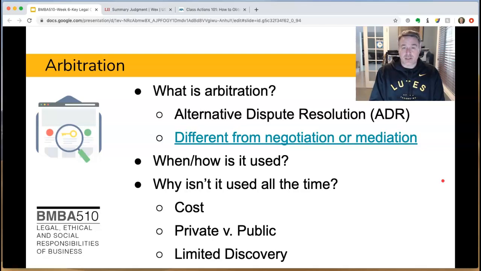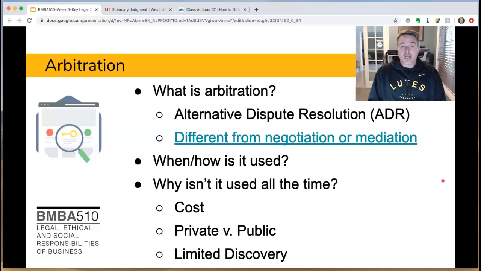The whole idea is to streamline a case and to have a third party rule. So in arbitrations, you will have a judge or a panel of judges who will decide who wins and who loses. There's versions of it which are binding. So a binding arbitration means whatever the arbitrator or arbitration panel decides is the final rule and there's no appeal.